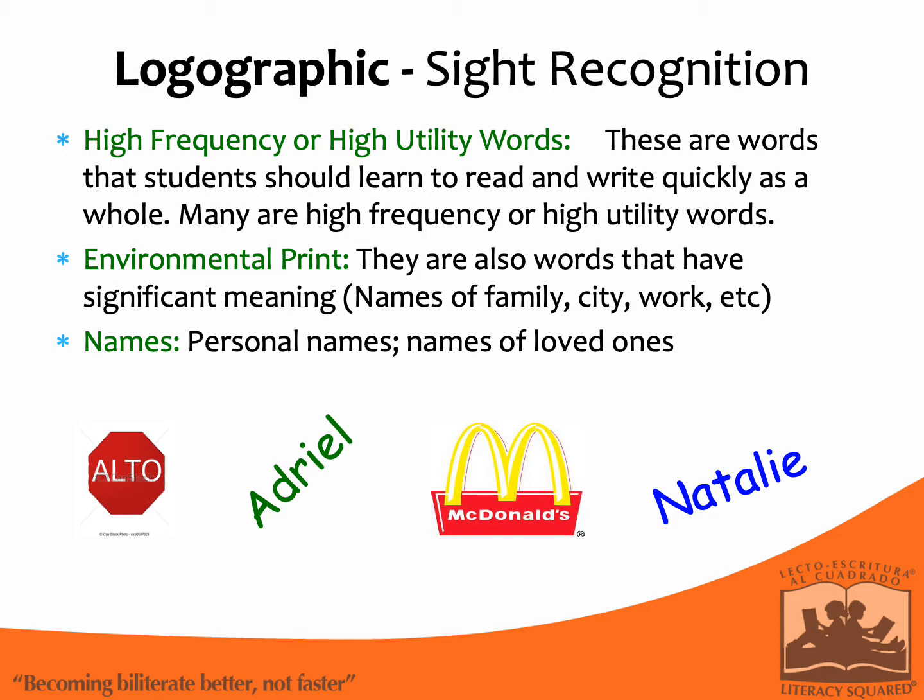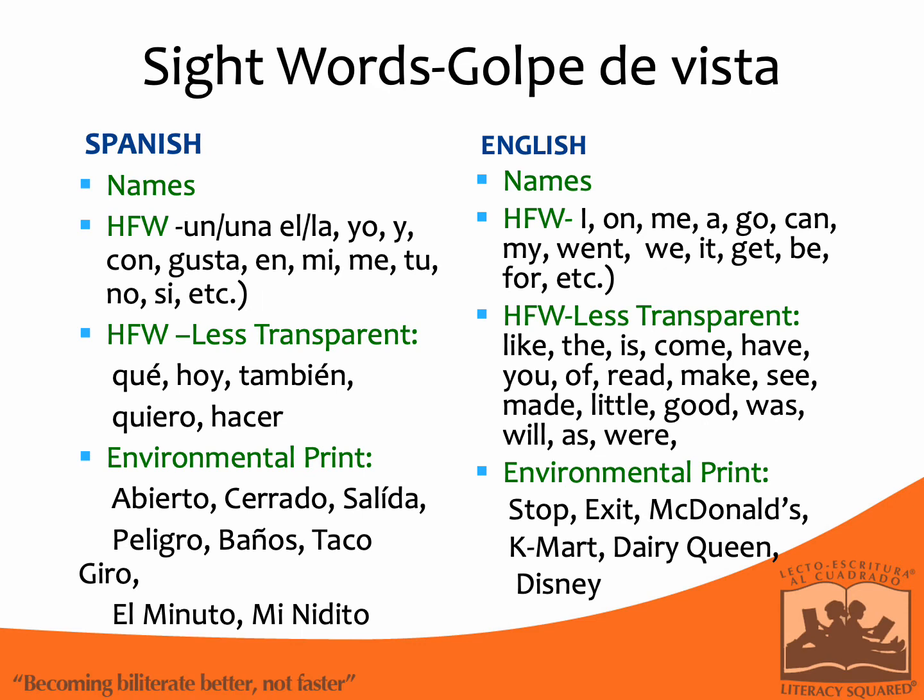In teaching students to read and write, we must make sure we are providing students with opportunities to expose them to high-utility words in meaningful settings so that students begin to recognize these words automatically. In Spanish, the majority of high-frequency words have a high sound-letter correlation, while in English, many of the high-frequency words consist of words that do not.